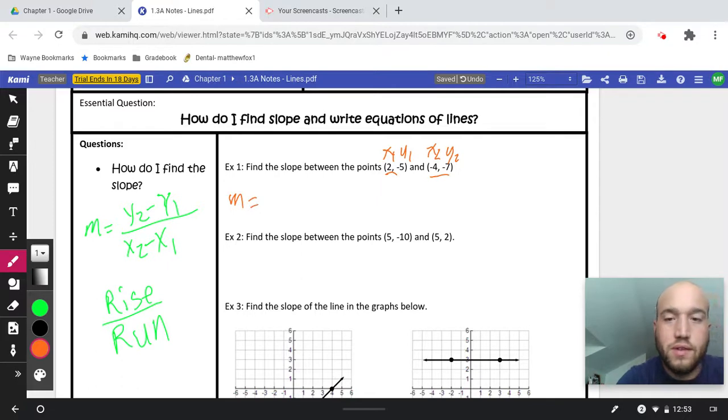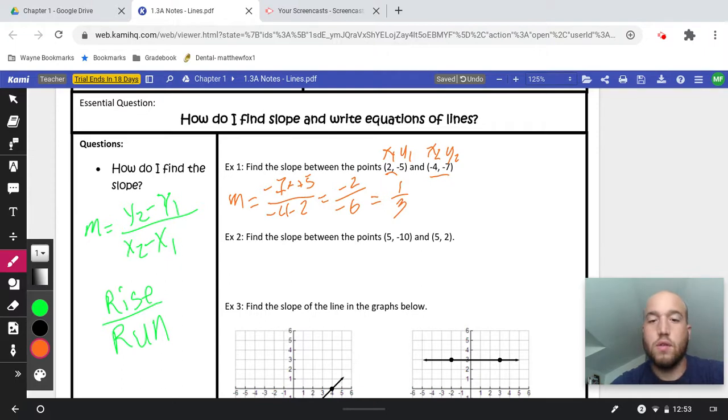So m equals y2 minus y1, so -7 minus -5, all over -4 minus 2. Now remember, when it's minus a negative, it's the same as plus, okay? So that becomes -2 over -6. Now this will reduce, 2 goes into both 2 and 6, and the negatives will cancel, and we're left with just 1 over 3, or 1/3.